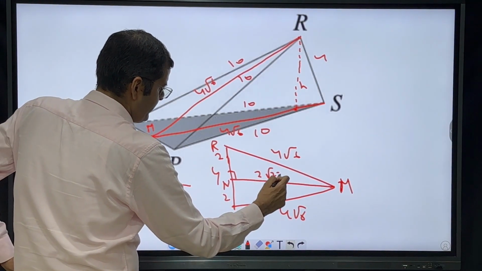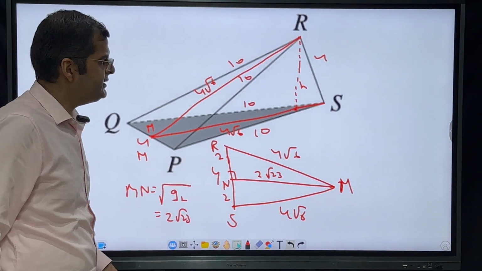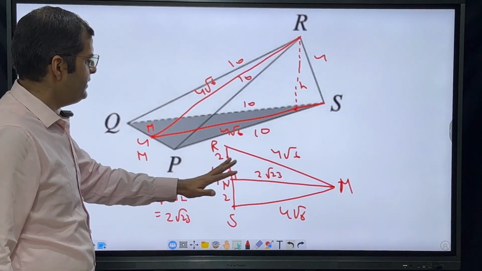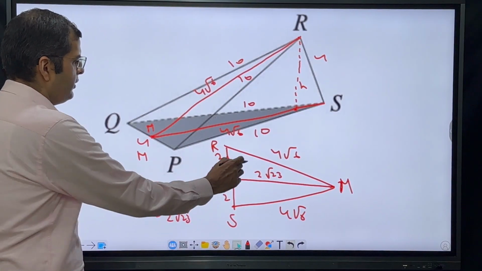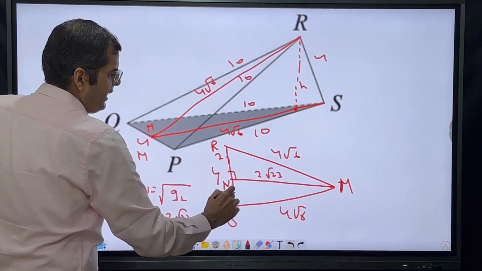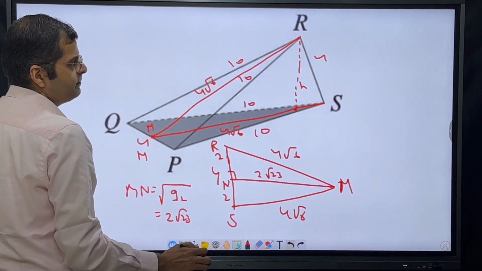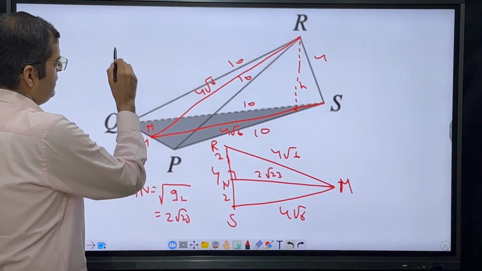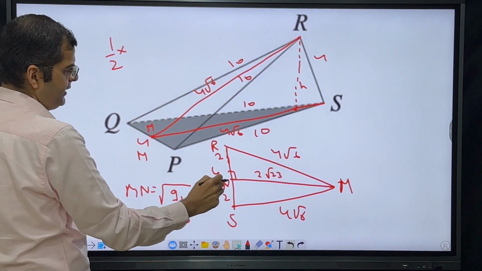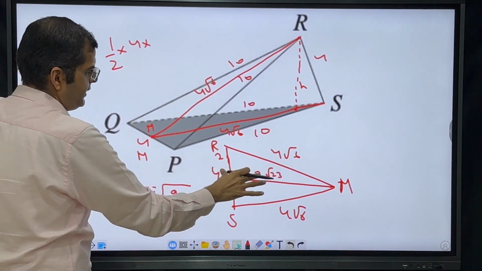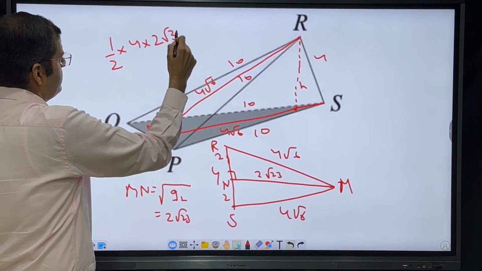So MN is 2 root 23. What is area of this triangle MRS? Half into base 4 into height 2 root 23.